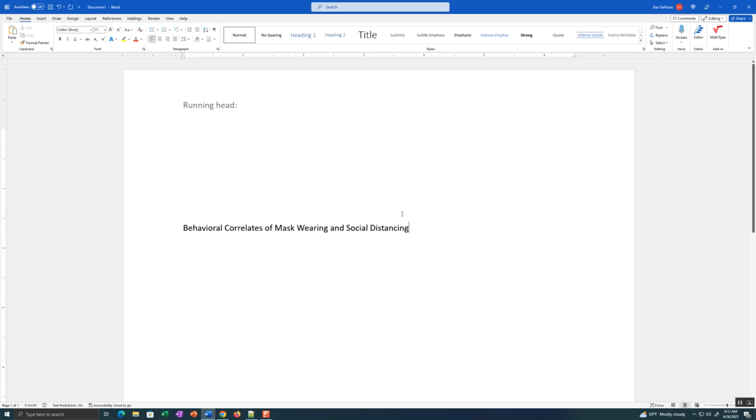And that kind of sums up the study because we're really looking at mask wearing and social distancing. These are some of the important variables related to people following COVID-related protocol or rules. So behavioral correlates of mask wearing and social distancing. That could be an appropriate title.